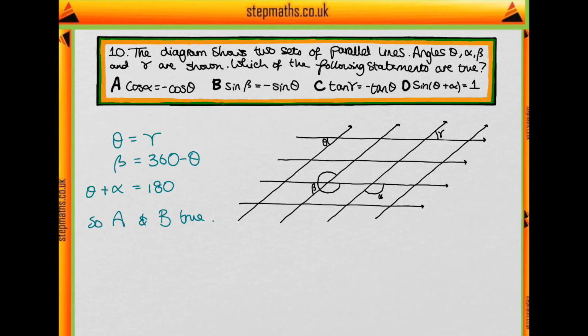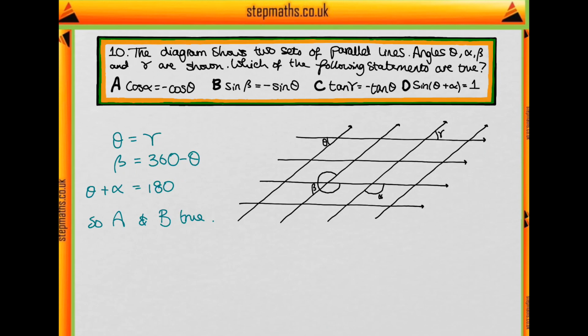We know as well that C and D must be false, because we've got that theta and gamma are the same here, so tan theta has got to be the same as tan gamma, not minus. Similarly, for D, we have sine of theta plus alpha equals 1, and this can't be true because we've said that theta plus alpha is 180, and sine of 180 is not 1. So we see that A and B are the only correct solutions.